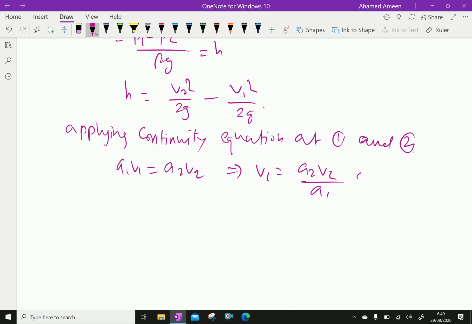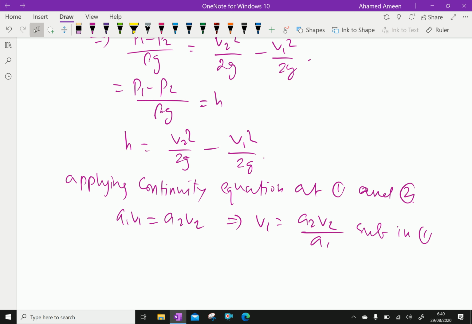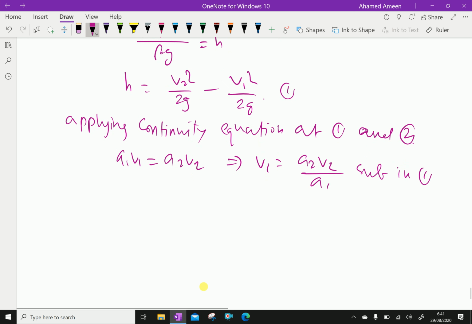Now substitute this in equation 1. We have H equals V2 squared by 2g minus V1 squared by 2g. Instead of V1 we substitute A2 V2 by A1, squared, by 2g.